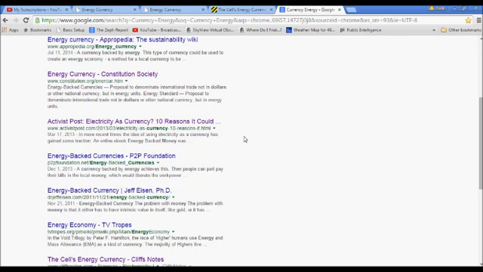And one that is an embarrassment is by the Activist Post. It talks about 10 reasons it could work. I actually opened that earlier and read it, and it was horrific. I cannot believe that it's on something called the Activist Post, because it's totally anti-activist. It's totally nonsense.